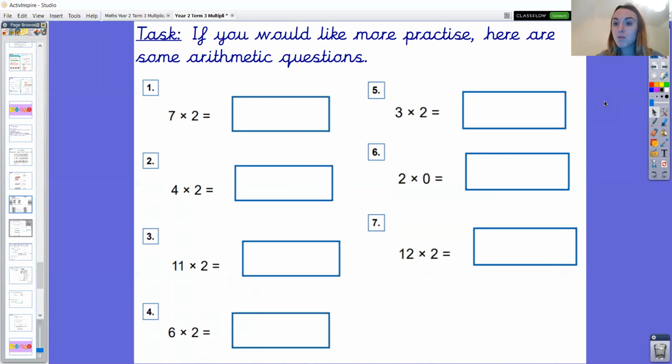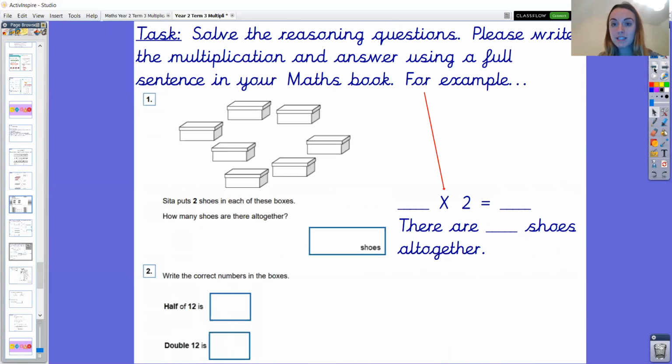It says if you would like some more practice with your 2 times table, here are some arithmetic questions. So please have a good go at these if you would like a bit more practice at those core facts. If you feel confident already, I suggest starting here. Okay, so the task for today is to solve the reasoning questions. Please write the multiplication and answer using a full sentence in your maths book.